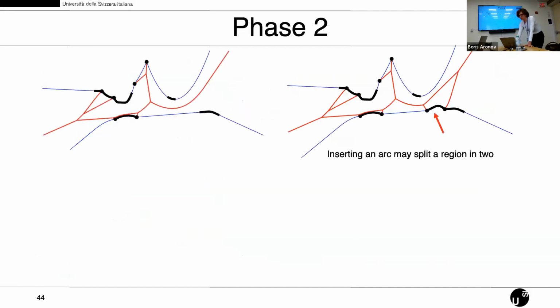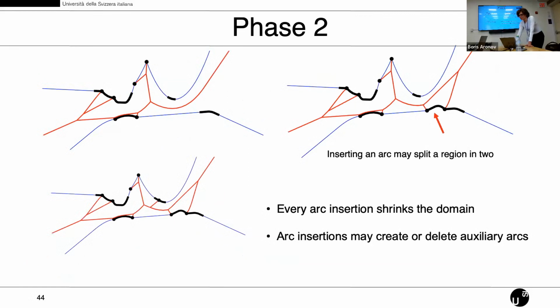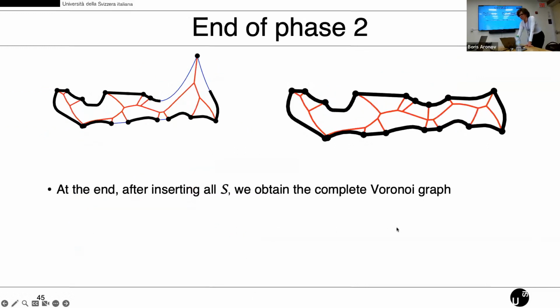So we keep on inserting arcs in random order. Inserting an arc may split a region in two. Every arc insertion shrinks a domain. Arc insertions create or delete auxiliary arcs. And at the end, we get what we needed.